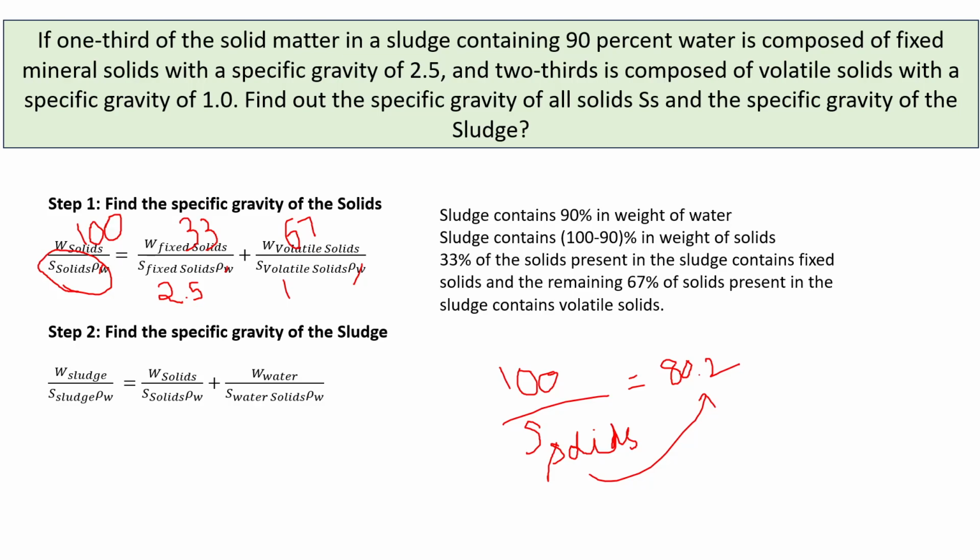See here, Punita. If this is the question: if one third of the solid matter in a sludge containing 90% of water is composed of fixed solids with a specific gravity of 2.5 and two thirds is composed of volatile solids with a specific gravity of 1, find out what will be the specific gravity of solids and what will be the specific gravity of the sludge.